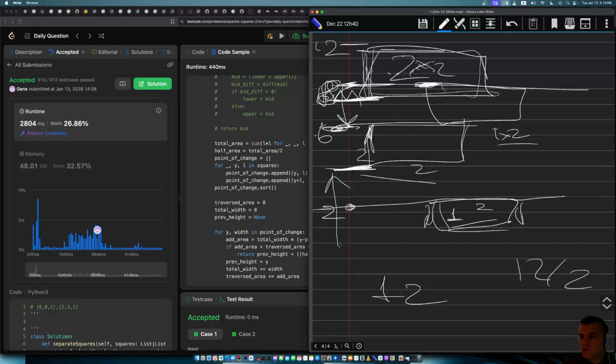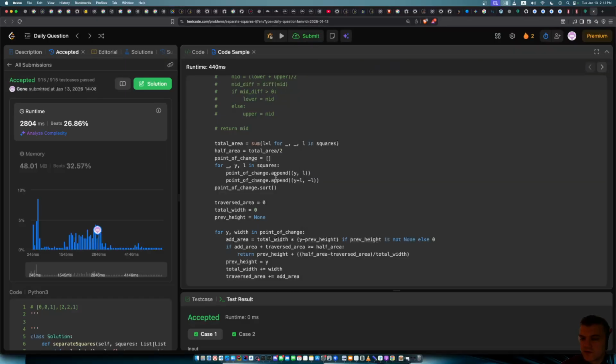So here it's going to be whatever I have added, and yeah, it's quite interesting. Point of change. So they are doing this plus L minus L, and somehow they are accounting for the changes.